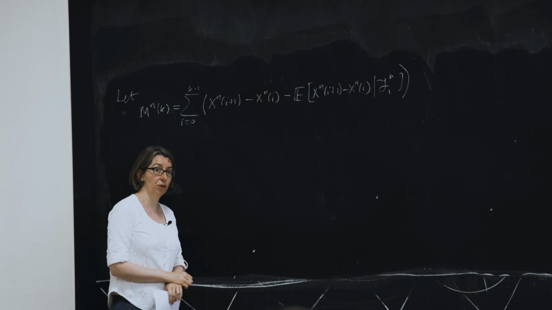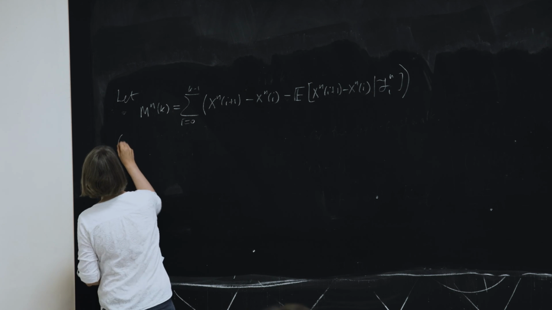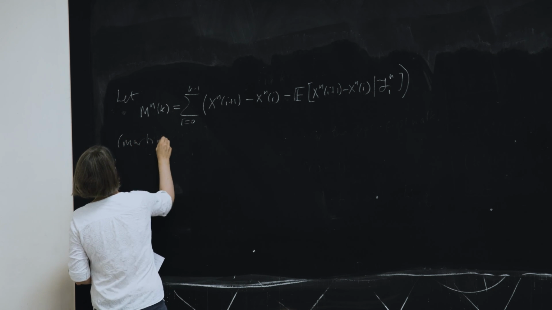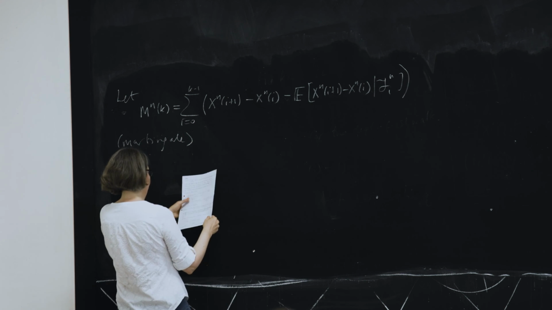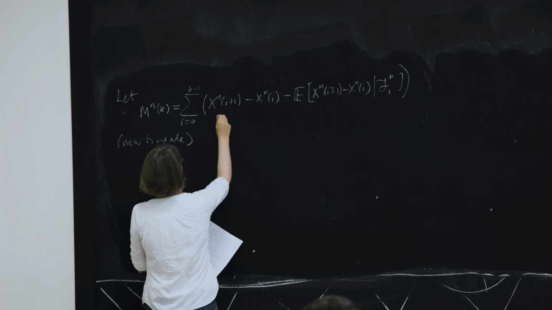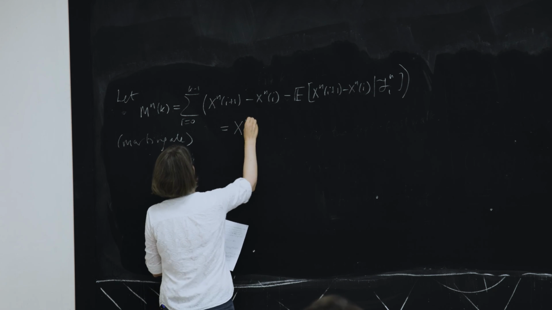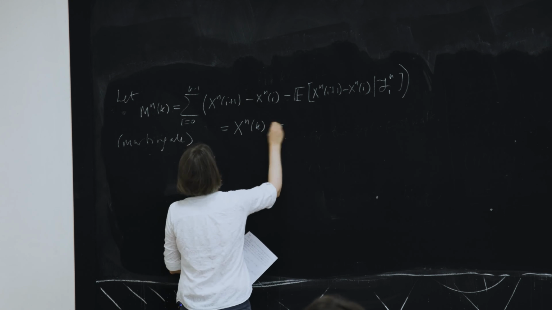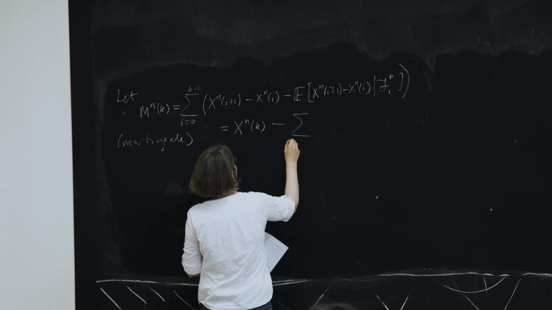And so that's a construction which is always going to give you a nice martingale. Okay, so this is a martingale. And the bit that I've subtracted off here is going to represent my drift. So let me rewrite this whole thing here. These just telescope, so I may as well think about this as X_n of k minus the sum of these conditional expectations here.